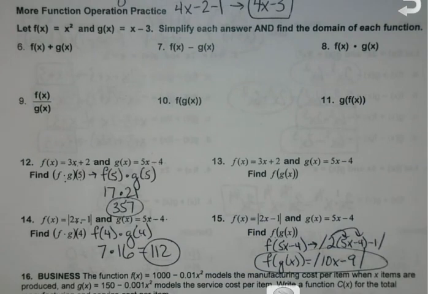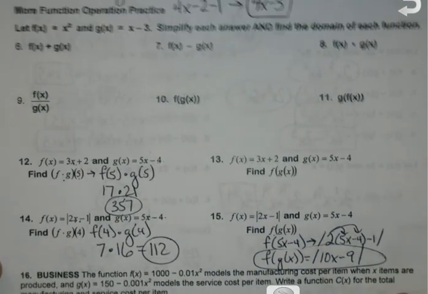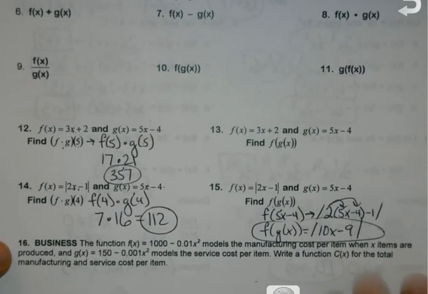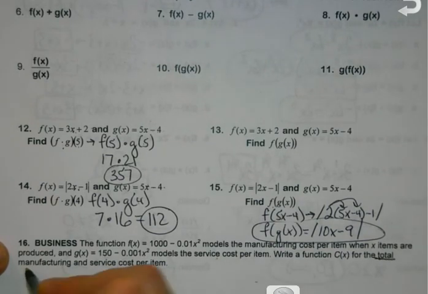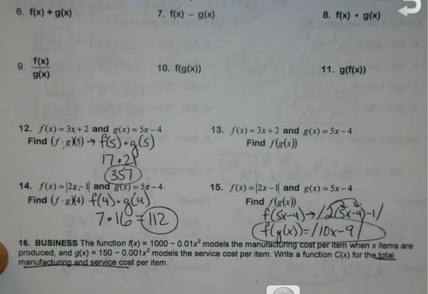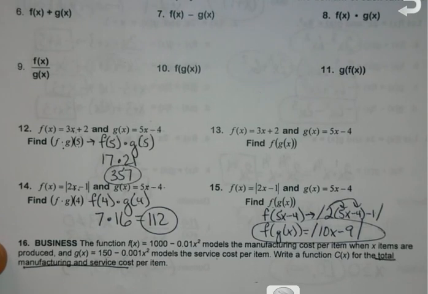And then my last one, and then I have a surprise for you. Like, oh, surprises. So they give us this function to model manufacturing cost and service cost. Write a function for the total manufacturing and service cost. Okay.